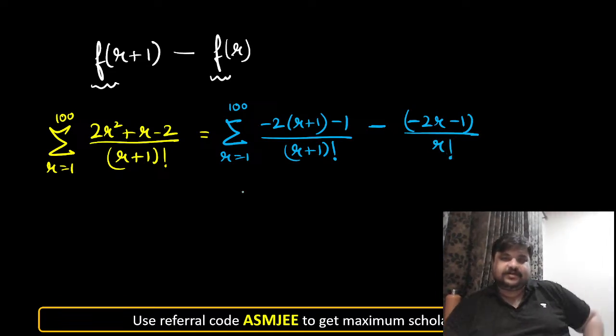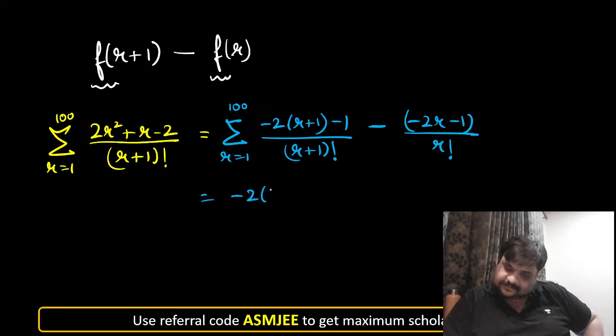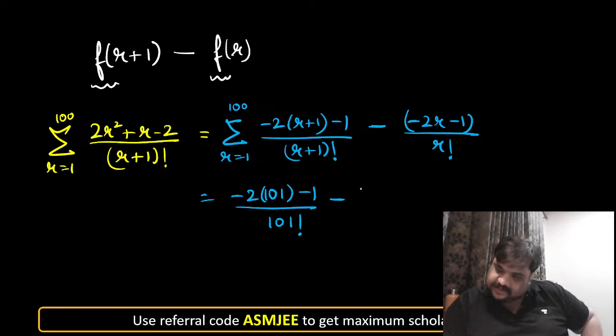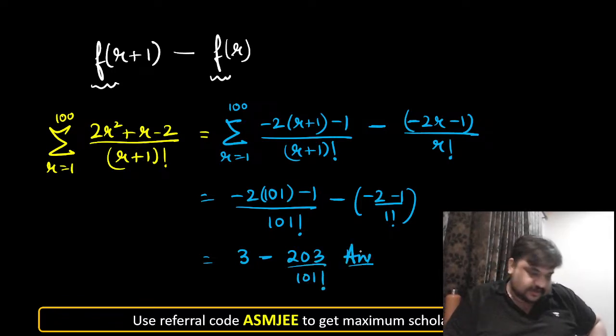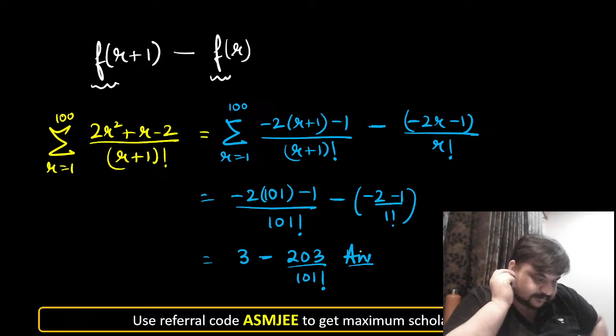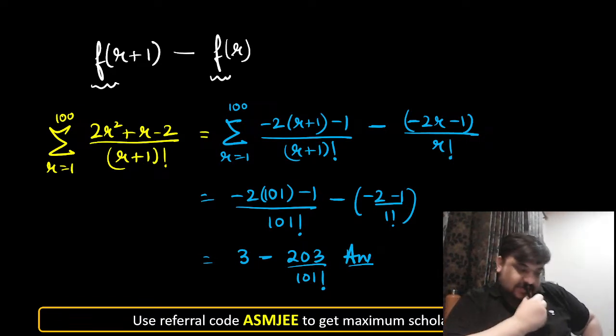It's a telescoping, clear cut. Put r equal to 100 here and put r equal to 1 here. This is the answer. Clear?